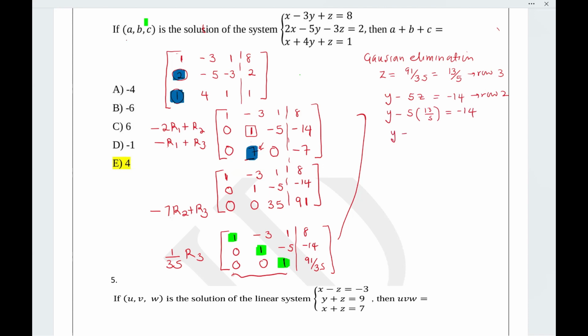And then you have y minus 13 is equal to minus 14. So y is just going to be minus 14 plus 13, which is equal to minus 1. So this is y is equal to minus 1.